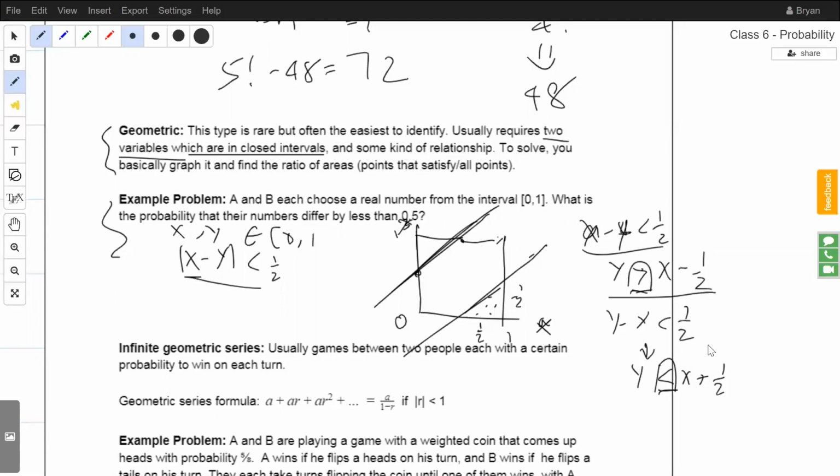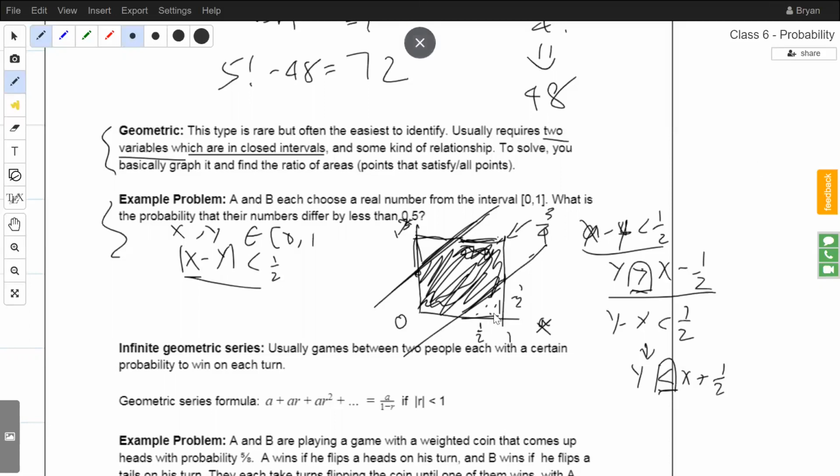When we combine the two, it's just this middle section. You can find its area by taking the area of the square and subtracting these two triangles. It was mentioned before that each of the triangles has area 1/8. This middle section has area 3/4.